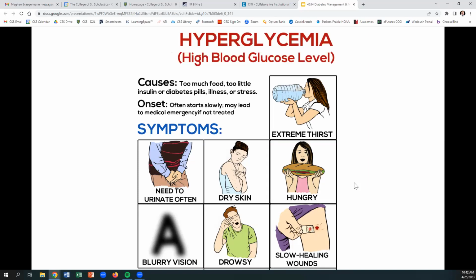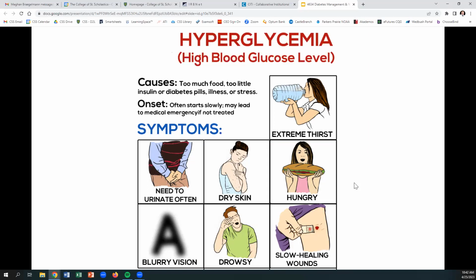And then polyphagia is always being hungry. Dry skin, that is a result of dehydration, because remember, water follows sugar. And if there's a lot of sugar in the blood, it's going to pull water from everywhere, including your skin. And that's going to cause dry, itchy skin.